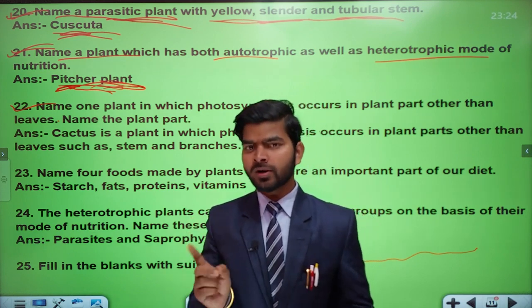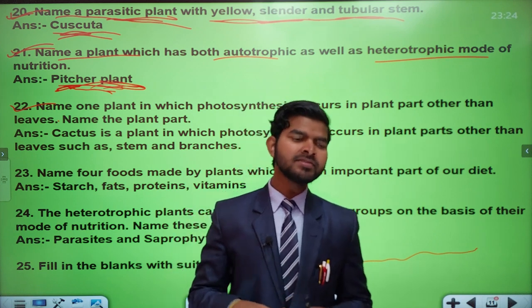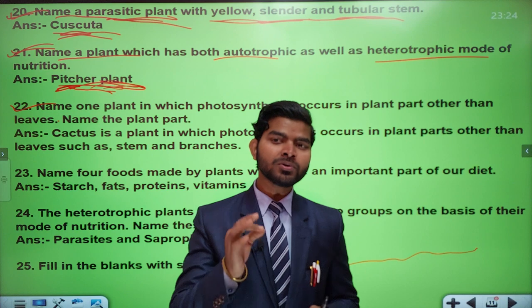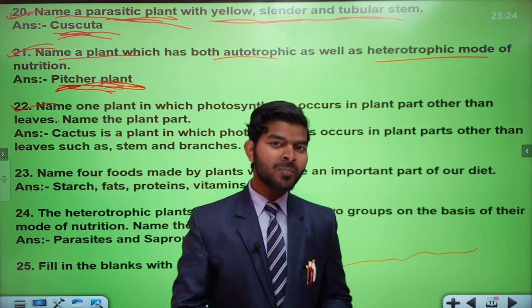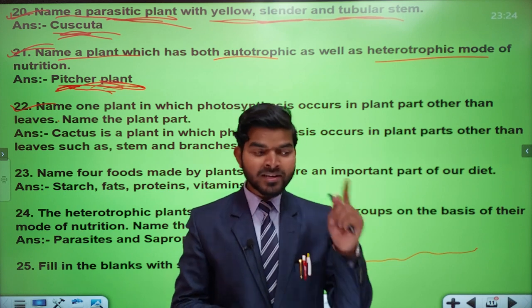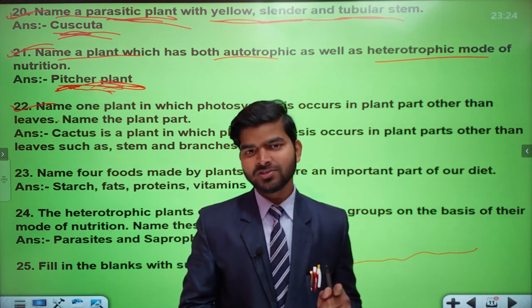All right, but do you know that plants can do photosynthesis not only in the leaves but also by other parts? Yes, we have examples. Do you want to know?